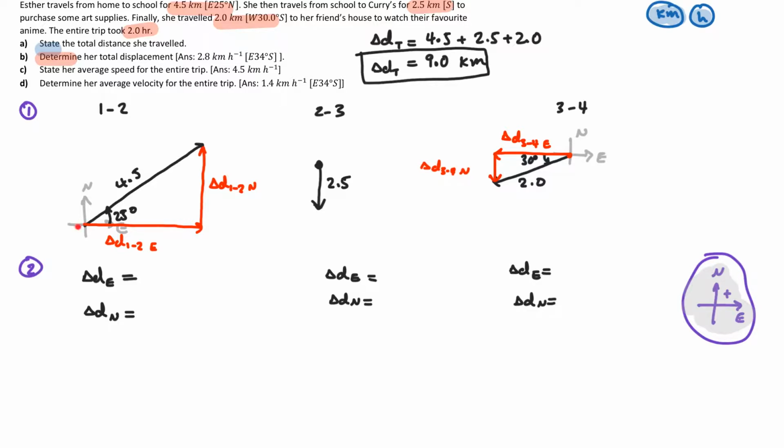First, I will take care of all the directions. So for this one, in the east components, the arrow is pointing in the same direction as my positive east, so this is going to be positive. The next one doesn't have east or west component, so I'm just going to put a 0 there.